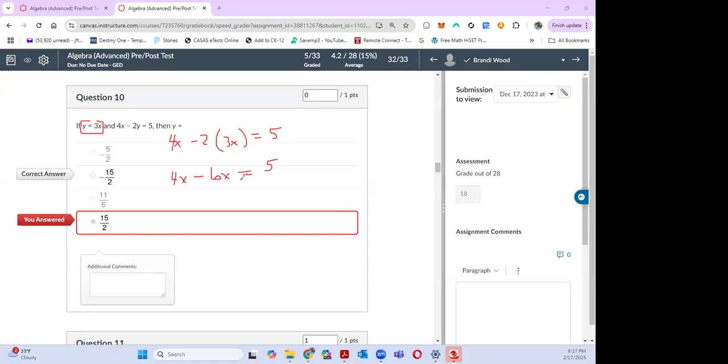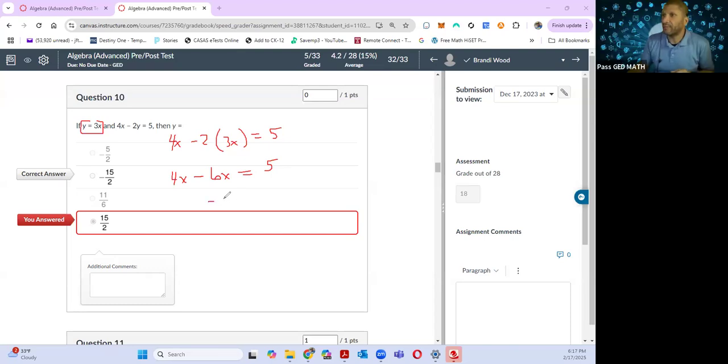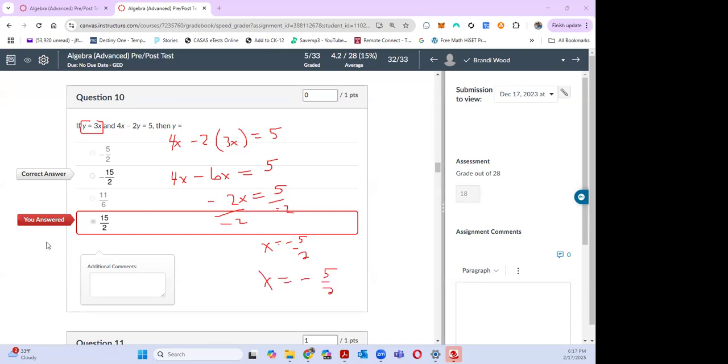Understand that? So we get minus 2x equals 5. Divide by -2. x equals -5 over 2. Got me? Okay, good.